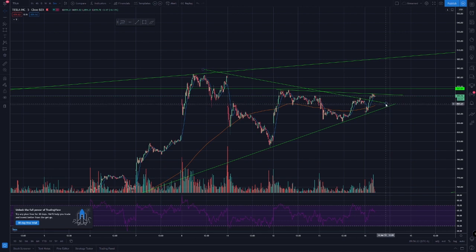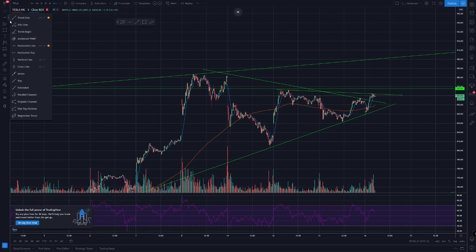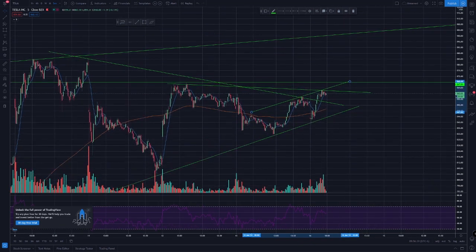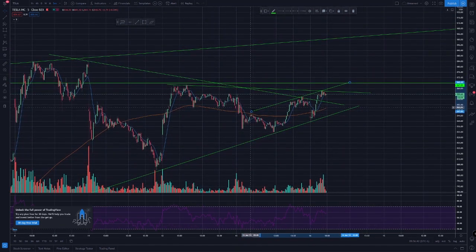So let's see. Let's put lines on these higher highs just to show that's a trend, like a smaller trend.